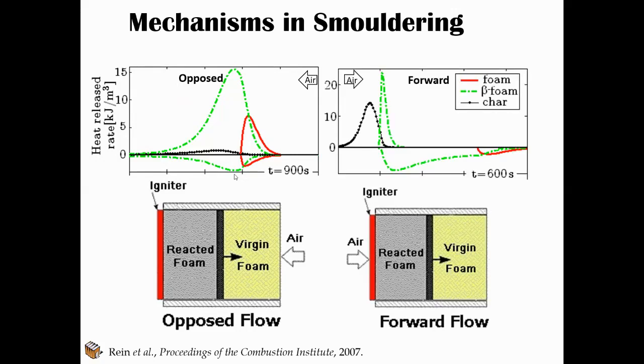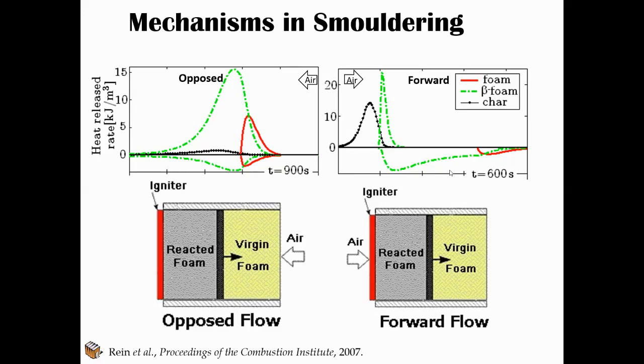Whereas if we look at what happens in forward, when we make the air arrive from the back and aid the spread, not only is it faster, but when we look into the structure of the front, we see that the pyrolysis reactions move ahead and separate significantly from the oxidation reactions that are trailing in the back. So that's why an experimentalist, when they look into forward spread, sees this not as a one-step overall reaction, but as a two-step global reaction.